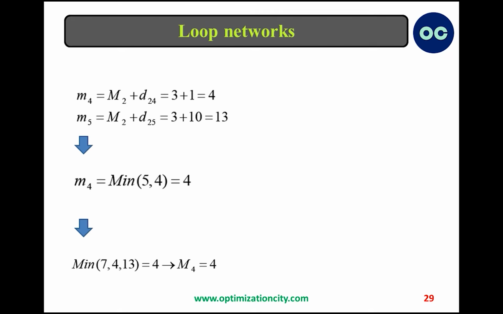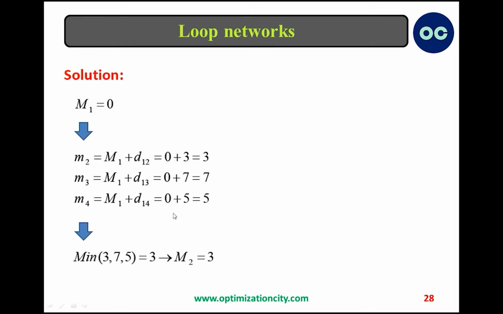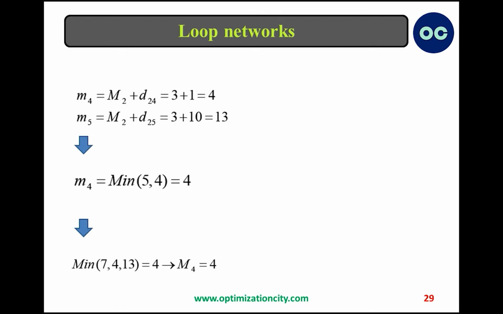Node 4 already had a temporary code of 5. But here we find that the temporary code of node 4 is equal to 4. So the minimum value of 4 and 5 is 4. Then we update the temporary code of node 4 to 4.